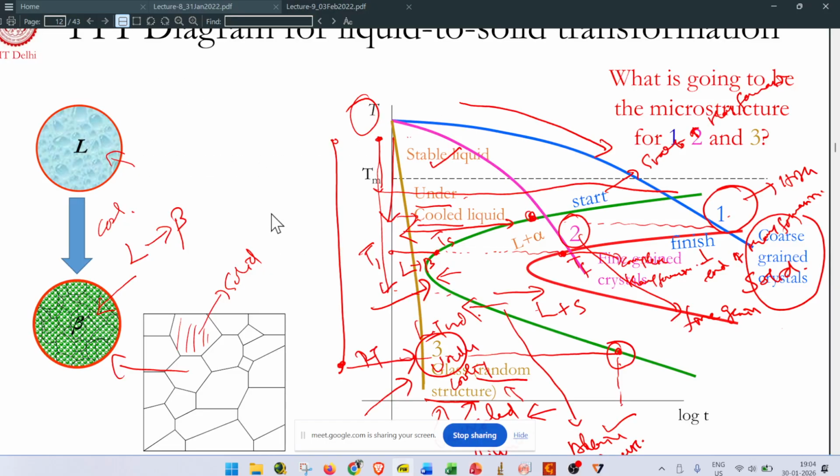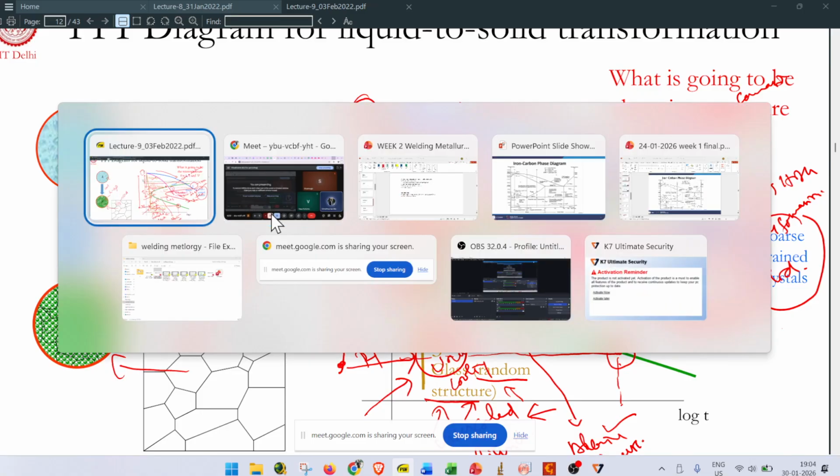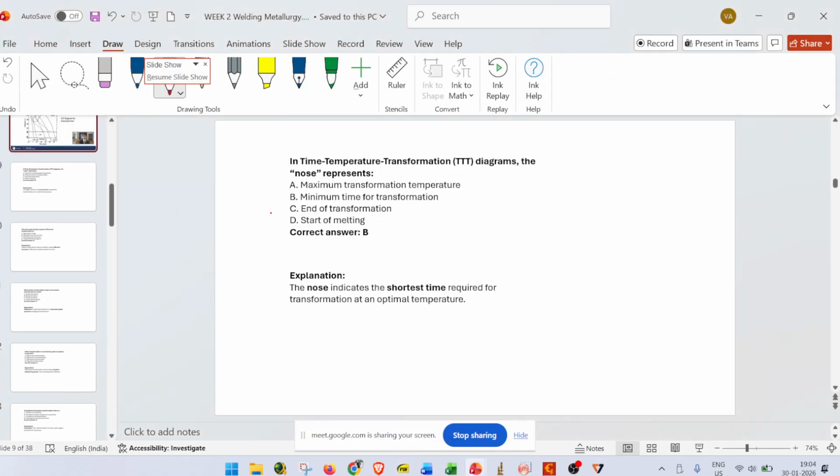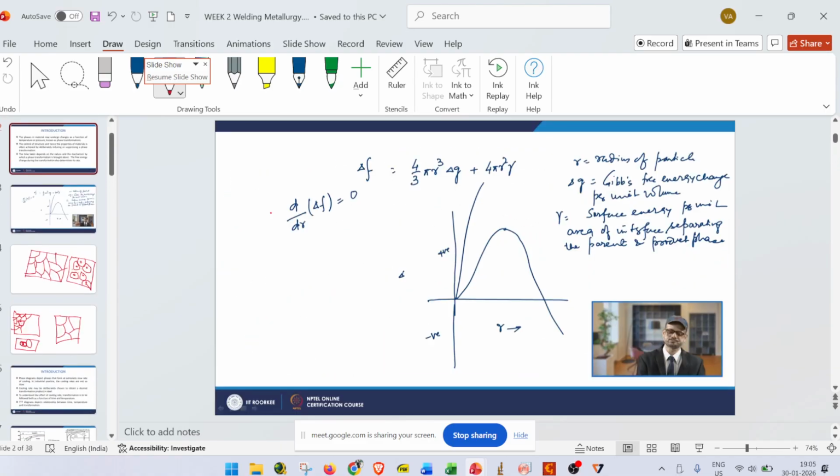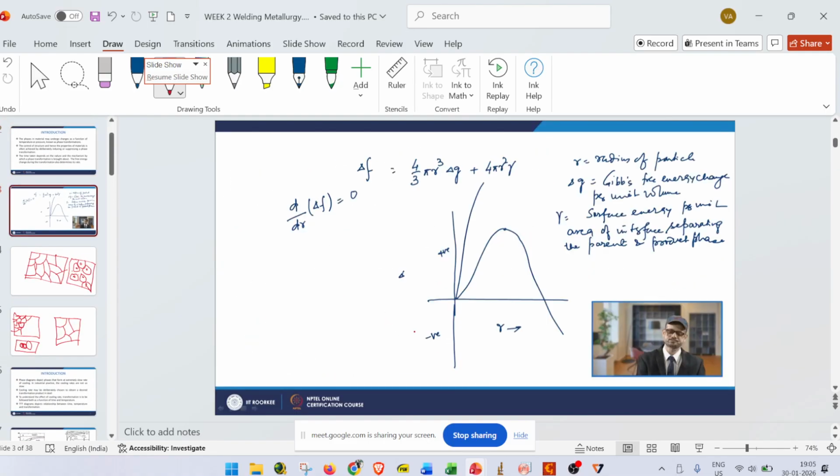As we have seen here, nucleation formation means we have formed embryos, that is, a critical radius has been reached so that nucleation can start to grow. This is called nucleation initiation, I mean nucleation starting.